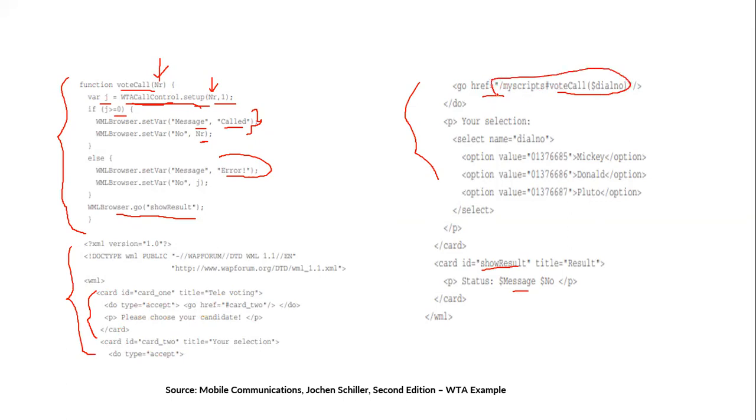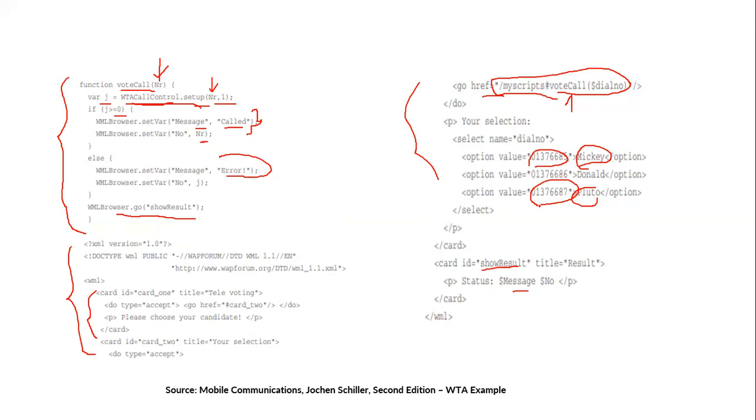Once the user selects a particular name, that is, if the user selects Mickey, then it will call vote call. So vote call is a function, and for this vote call, whatever the user selects, that particular number will be passed. So if the user selected Mickey, then this number will be passed. If the user selects Pluto, then this number will be passed.